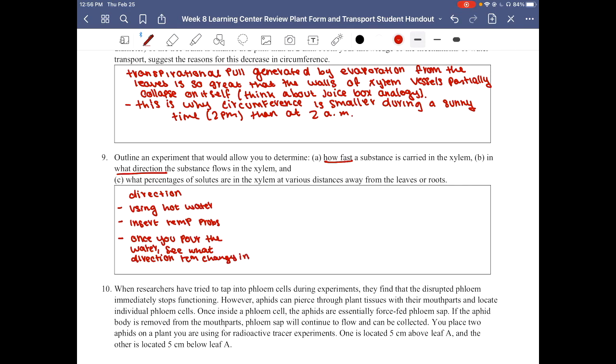And then for how fast, a similar setup, but we just see how long it takes for the temperature to change from one measuring device to another.